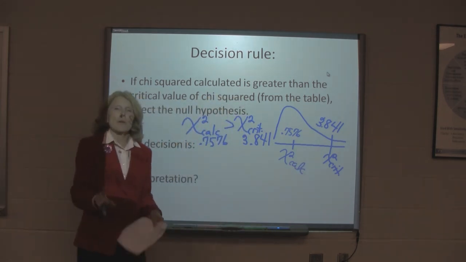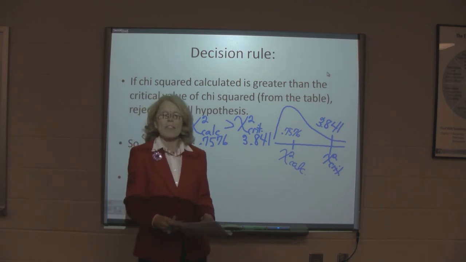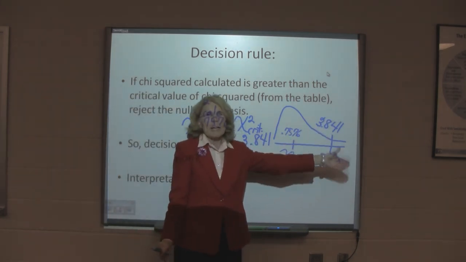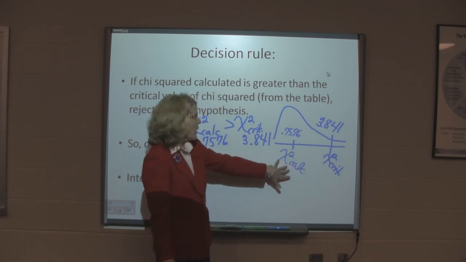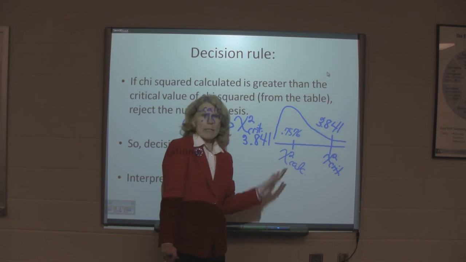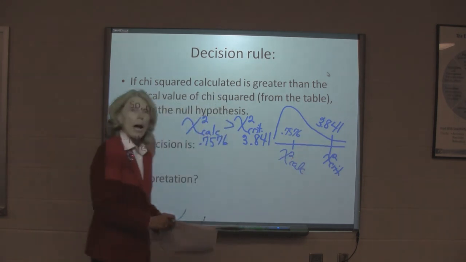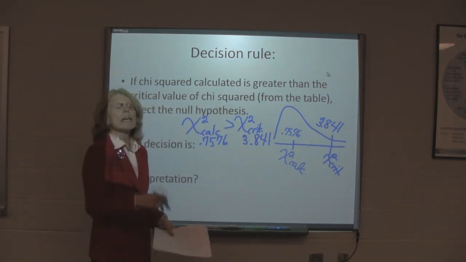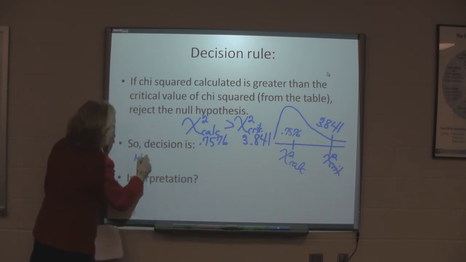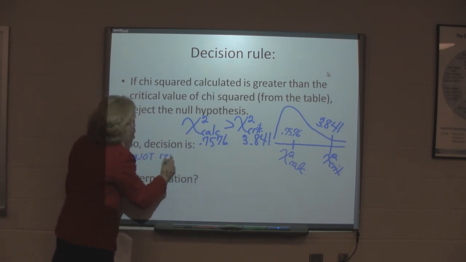Like other tests we've done, we know that if the calculated value is way out in the tail, we reject the null hypothesis. This, the calculated value, is sort of in the middle. It's not out in the tail. So we are not going to reject the null hypothesis.